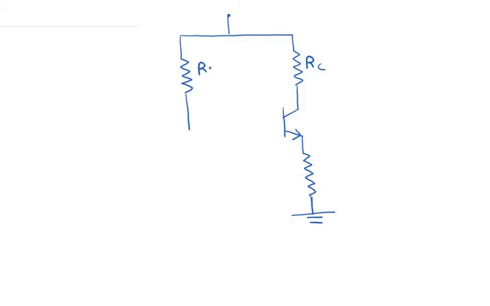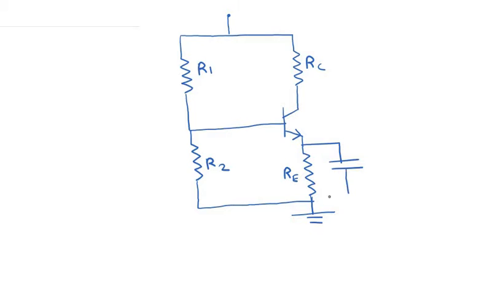These are the biasing resistors. And then a capacitor is connected here, and as I stated, the function of this capacitor CE is basically to let the AC current bypass this resistor RE.